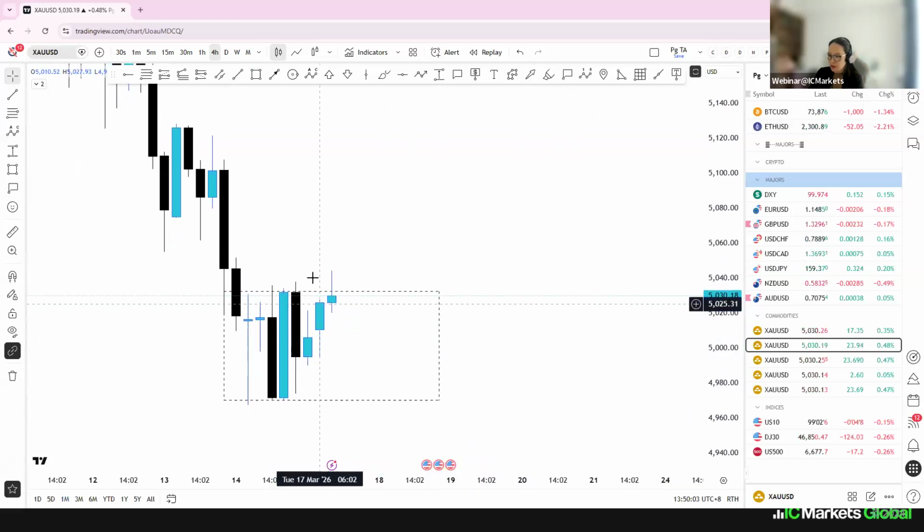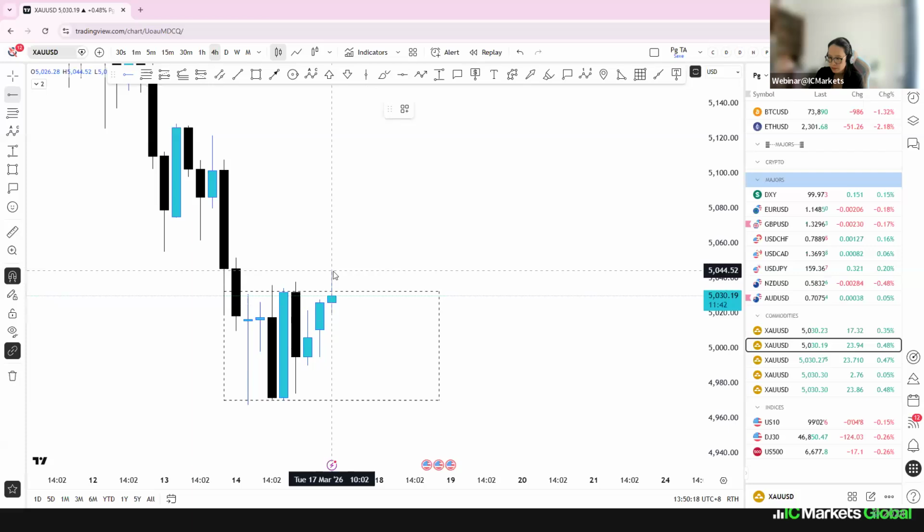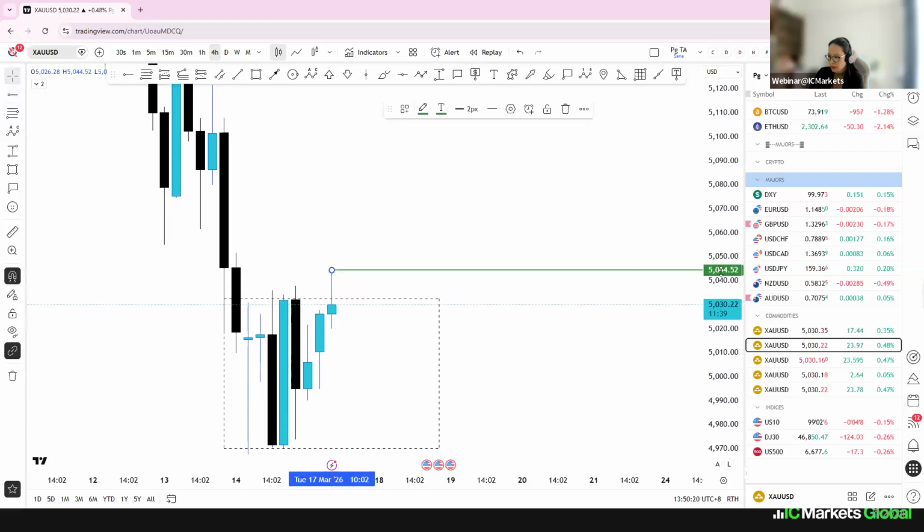You see, gold is not a breakout, and just now I told you that usually gold is going to respect the round number. So just now, price went all the way up to 5040 here, and now you can see that there is rejection.